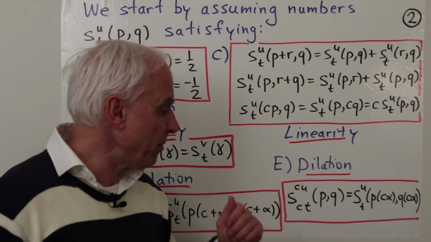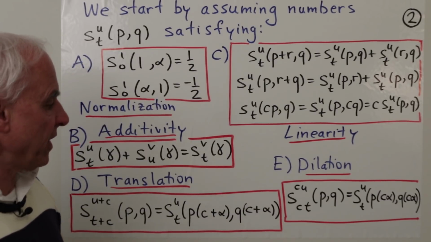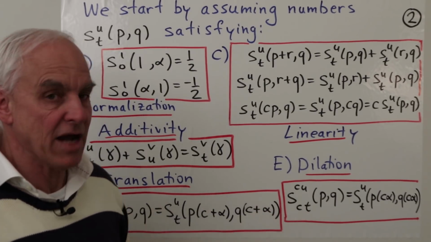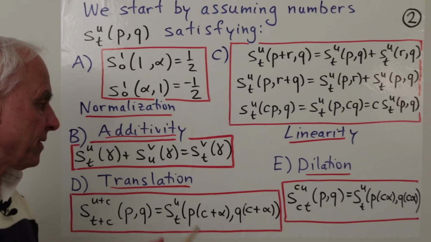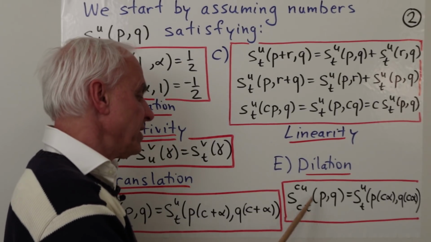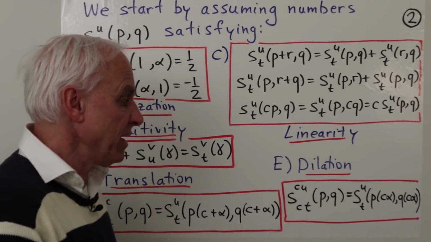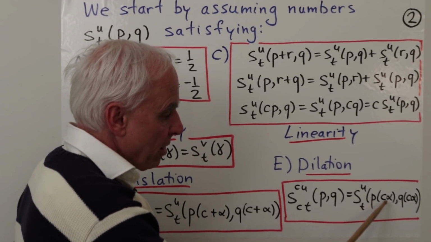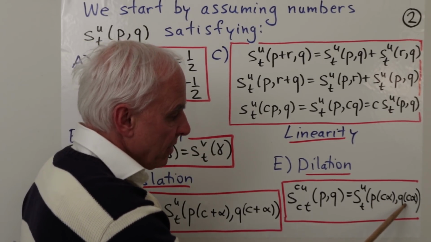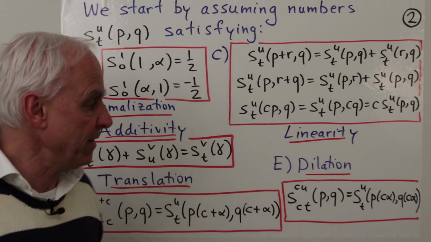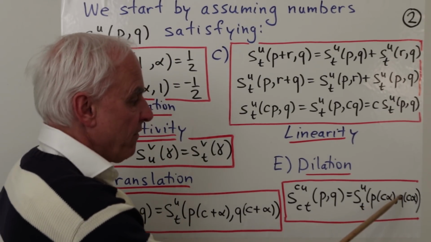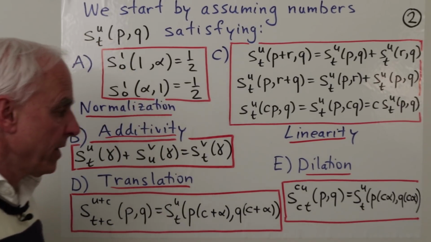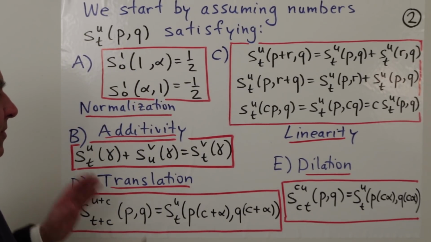And the dilation property, property E, which is the same kind of thing: what happens when we dilate the endpoints T and U by a factor C means we have to compensate by augmenting the polynomials with factors in there. So we get P of C alpha, Q of C alpha. Okay, so that's our strategy.